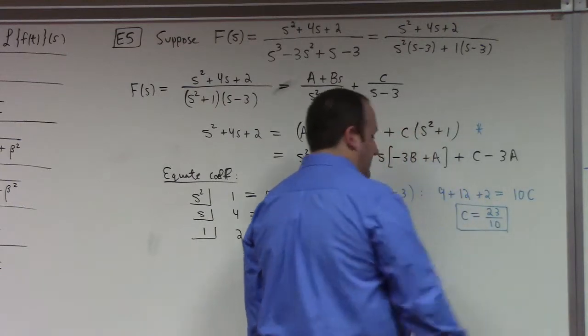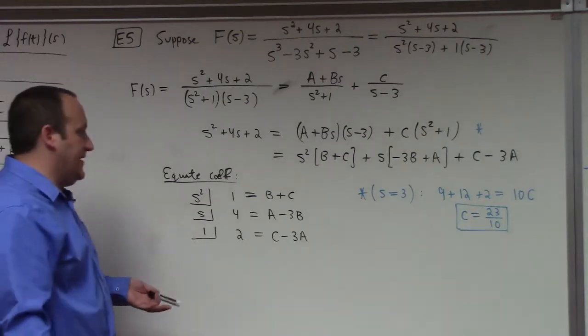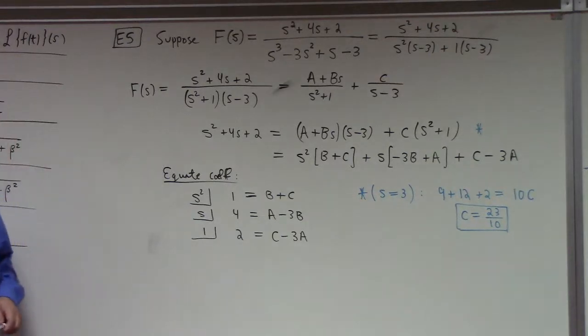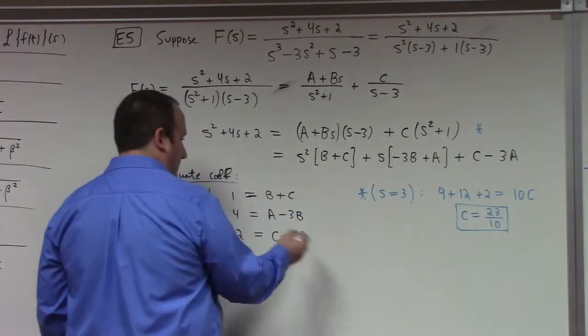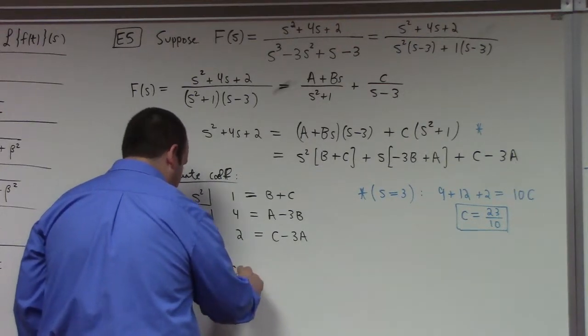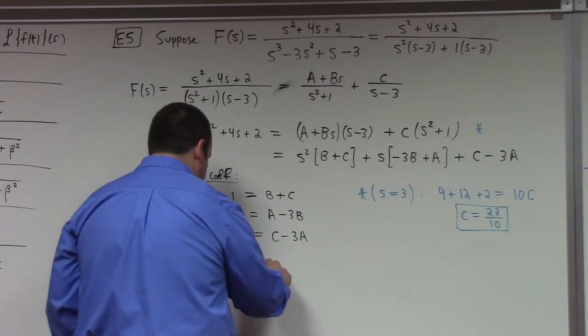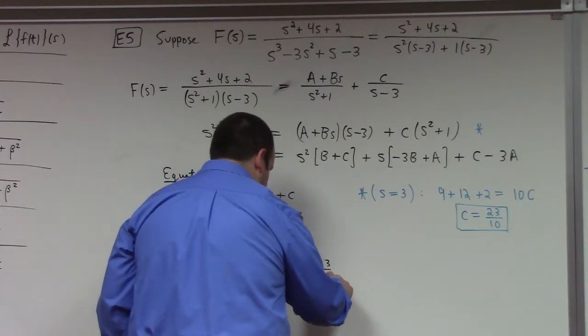That's nice, because now I can use that with my other equations to figure out what b and a are, right? Of course, what I wrote in blue, you don't have to do. You could solve 3 equations in 3 unknowns and get to the same thing. It's a question of attack, all right? Okay, so I'm going to have b is 1 minus c, which is 10 minus 23 over 10, aka minus 13/10 equals b.